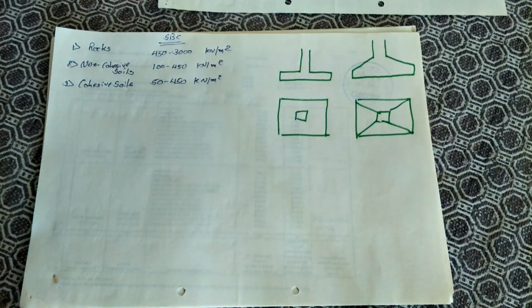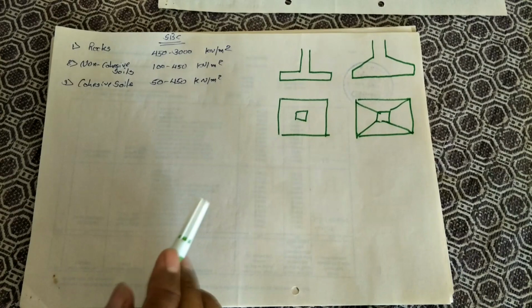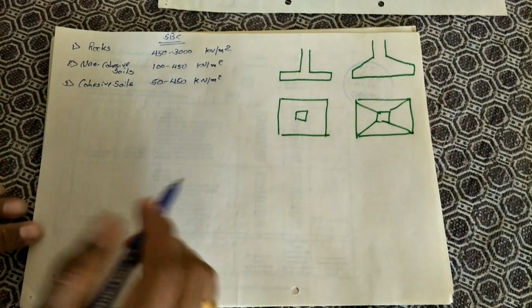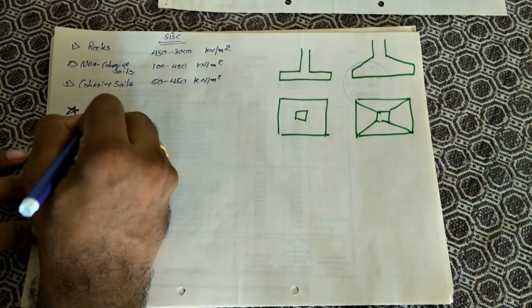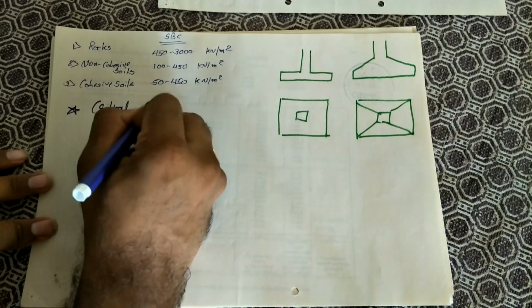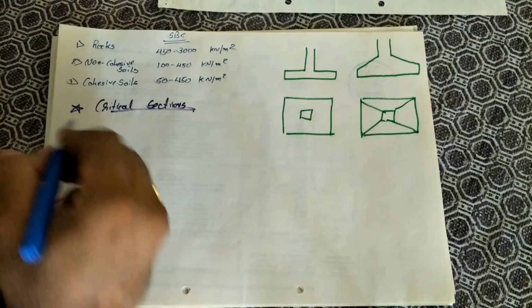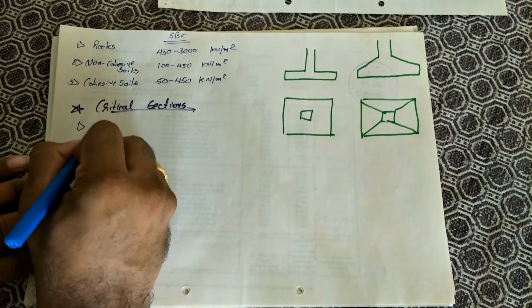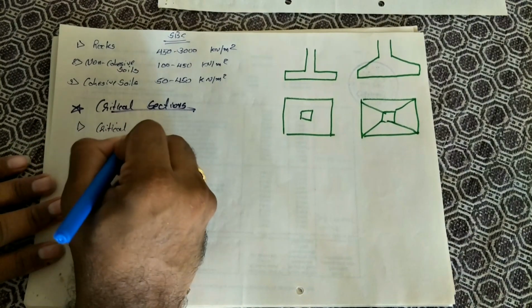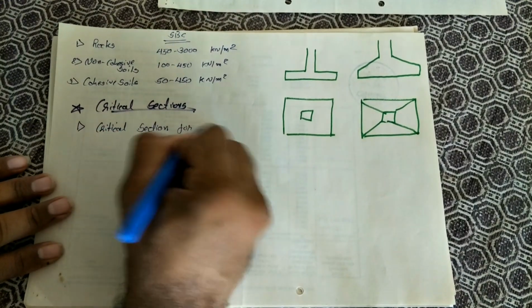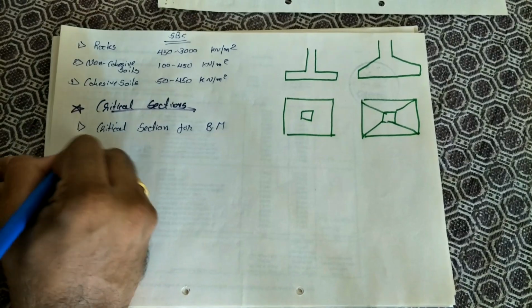Okay, so what do we mean by critical sections? For an isolated column footing, three sections are important. There are three critical sections which are very important. The first is the critical section for bending moment.